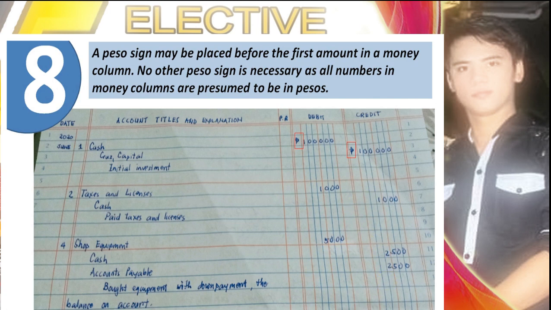Why? It is understood that the next ones are in pesos. On the next page, you can put a peso sign again. So, for every page, place a peso sign only at the first of the entries in the debit and credit columns. No other peso sign is necessary as all numbers in money columns are presumed to be in pesos.